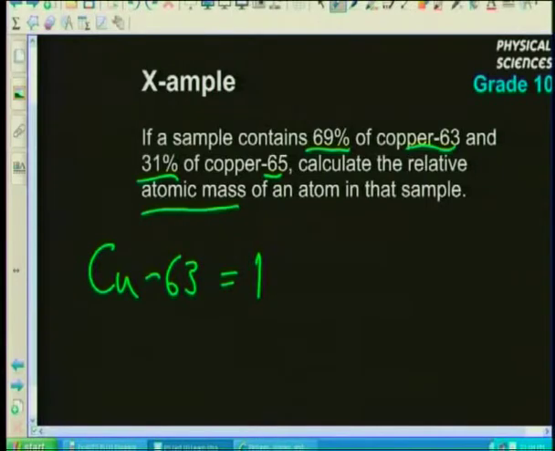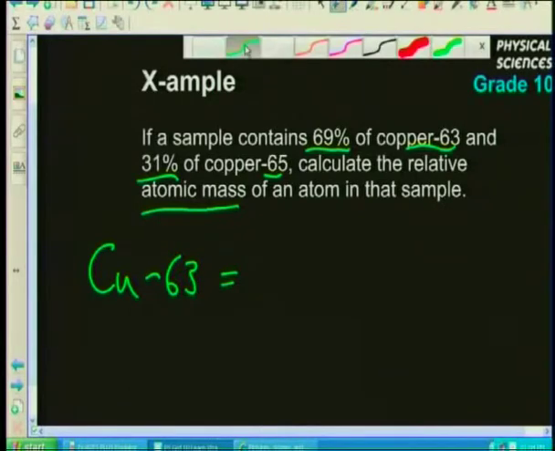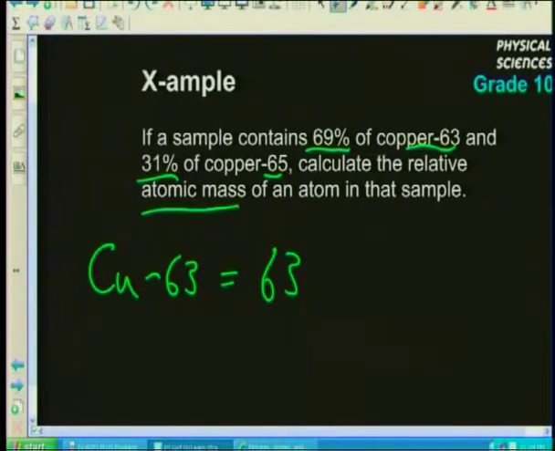In atomic mass units, we're going to write down the mass. It's going to be 63 atomic mass units. Now, do all of the atoms in the sample have a mass of 63 atomic mass units? No, it's only 69% of them. So let's multiply this by 69 over 100. Okay, that's 69%.